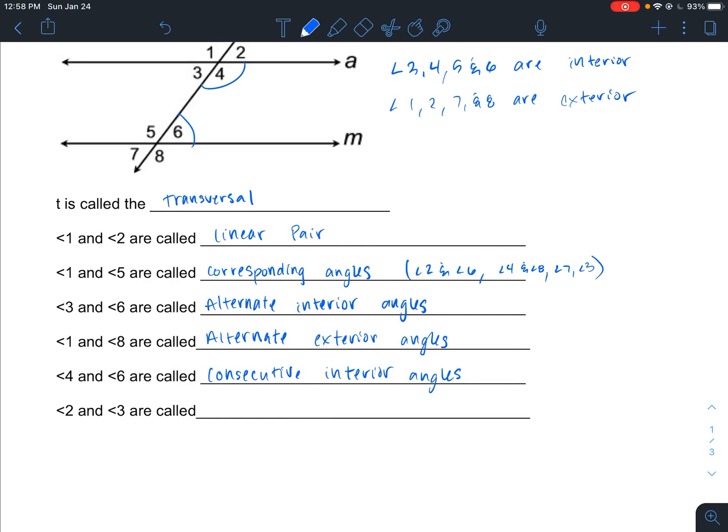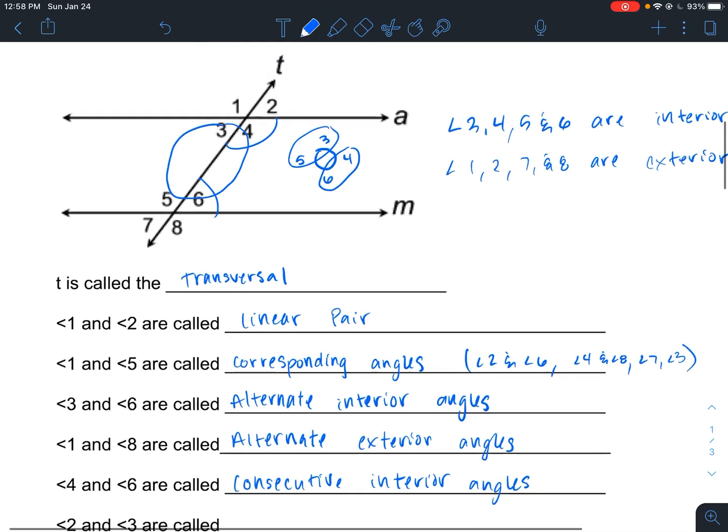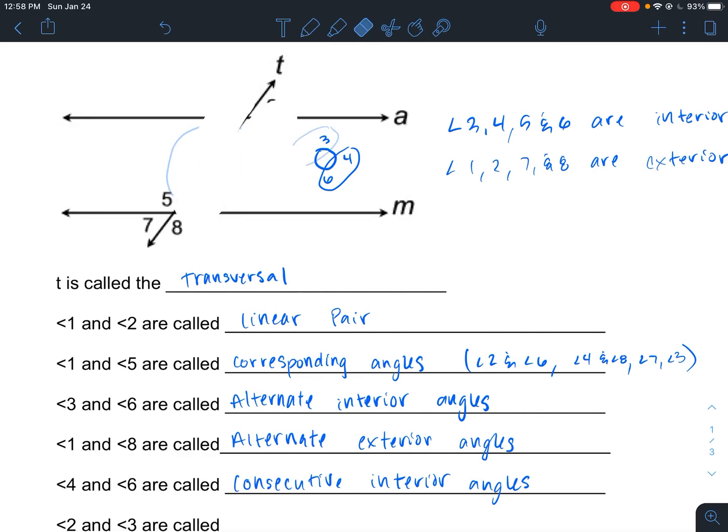Now, they're consecutive because, again, if we draw that little circle, we have angles 3, 4, 6, and 5, right? If we're drawing them in clockwise order. Well, 4 and 6 are in consecutive order and they're inside, which means also 5 and 3 are also consecutive interior angles.